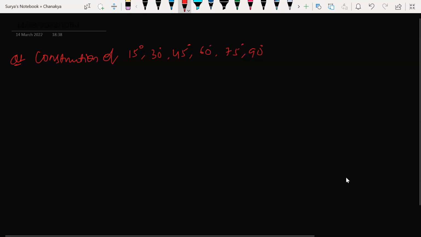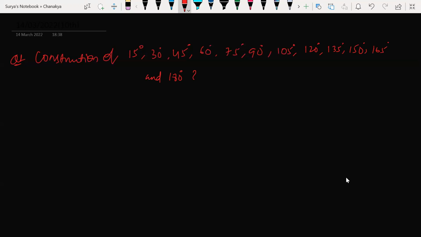I'll tell you all this in one short way. 105 degrees, 120 degrees, 135 degrees, 150 degrees, 165 degrees, and 180 degrees. Okay, construction of all this. First of all, look at this here. You take any measurement here.